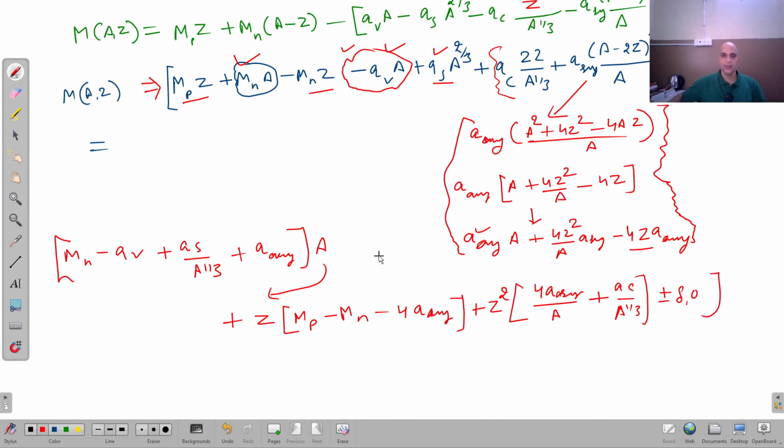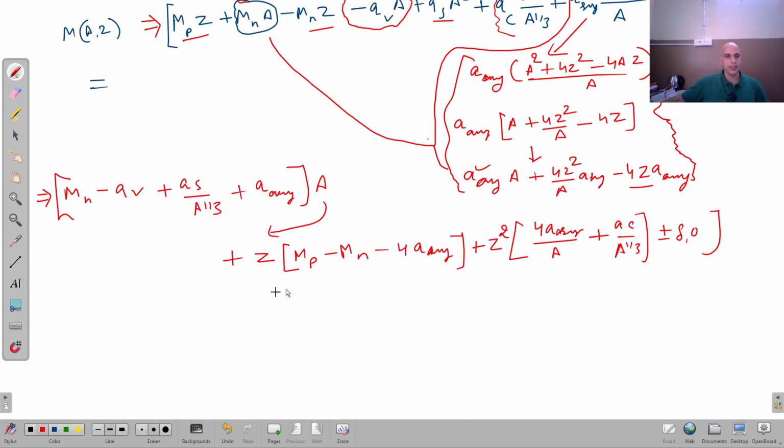Now this is the required expression that I got after separating different terms. You can see here I went up to this term, right, and then I used this term for this one, right. So I took all the terms inside the bracket which have some common factor. So I separated them as the term containing A, Z and Z square.